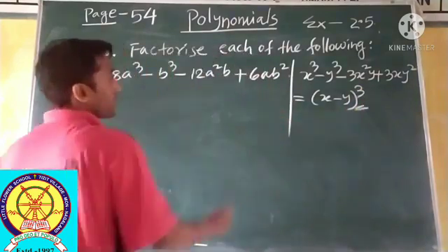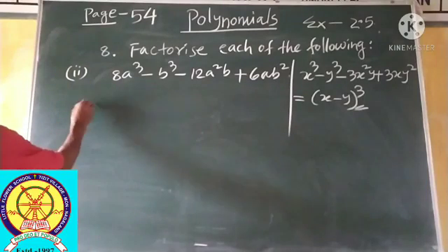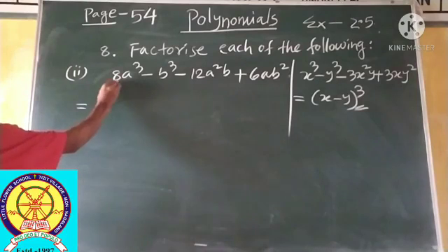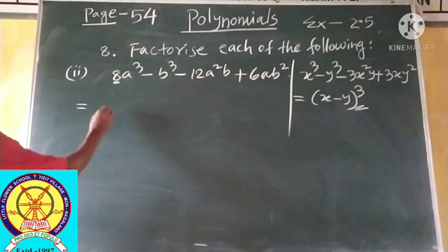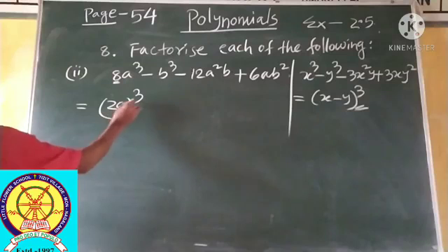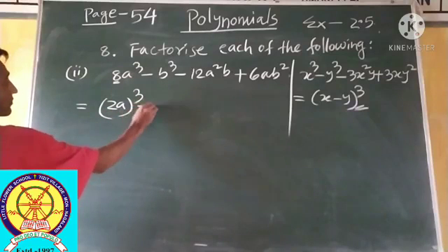So we have to apply that identity in this problem. Like the previous one, here again 8 is not in cube form. So here again you see 2a whole cube. 2 if you make cube, then you get 8.